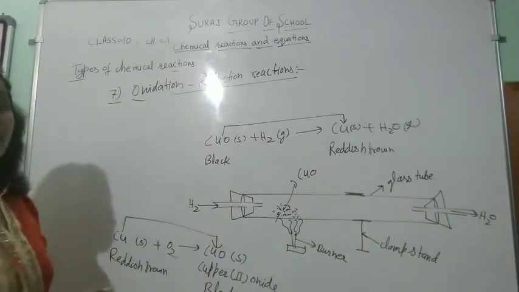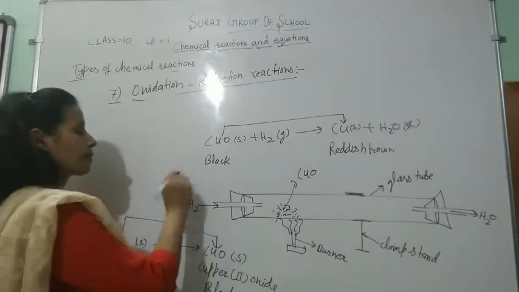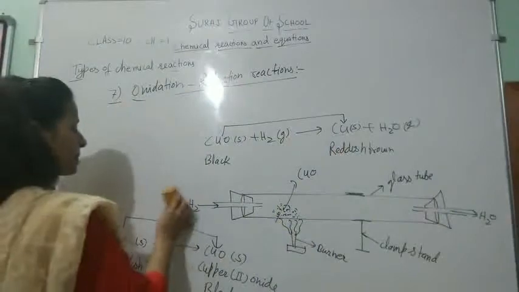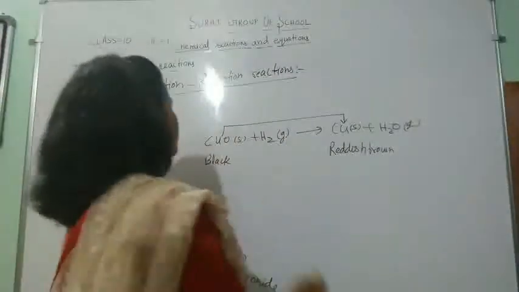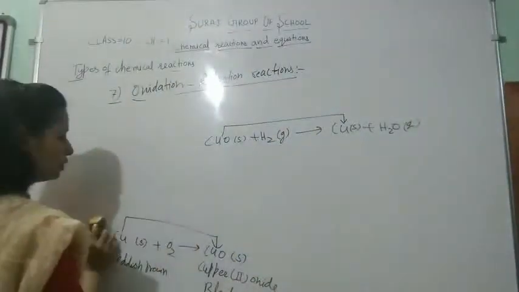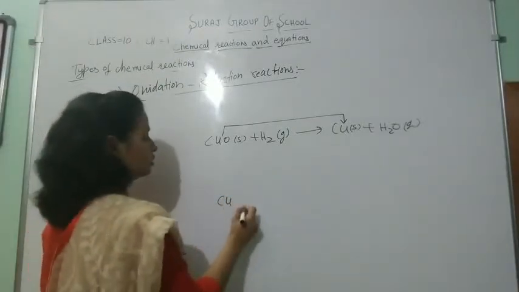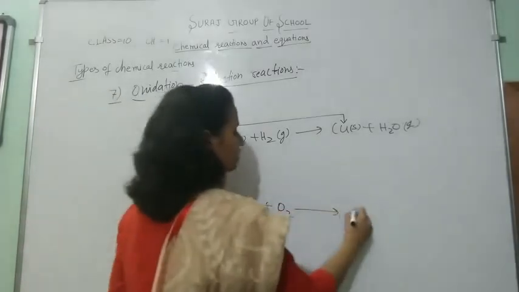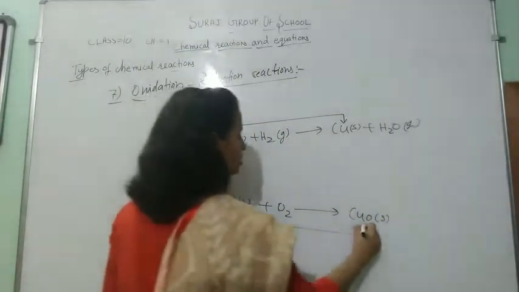Now we can understand the concept of oxidation and reduction from these two reactions. We write both reactions together. Copper in solid state reacts with oxygen to give copper oxide in solid state.